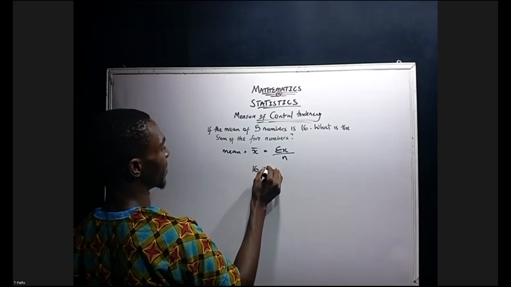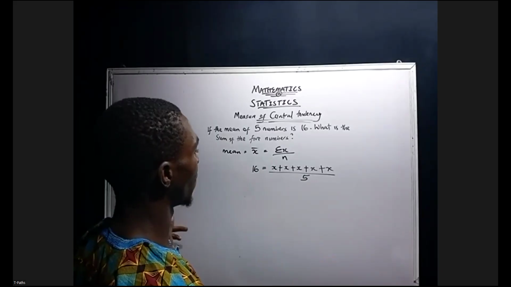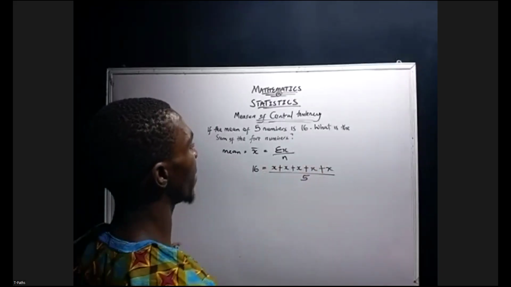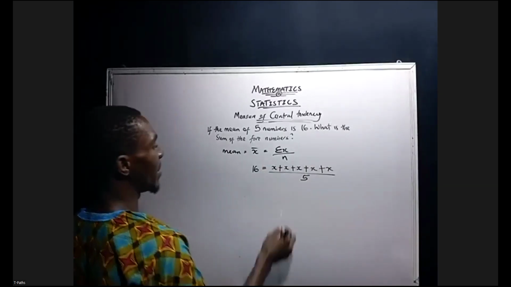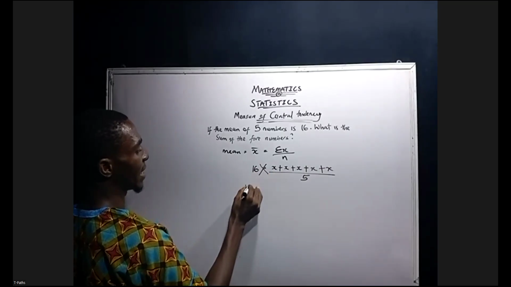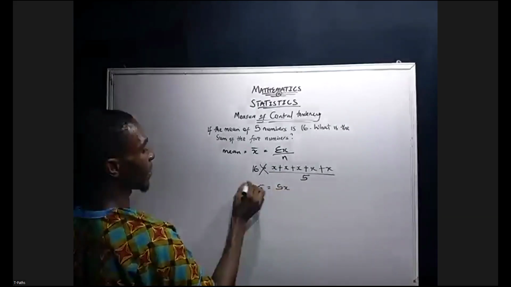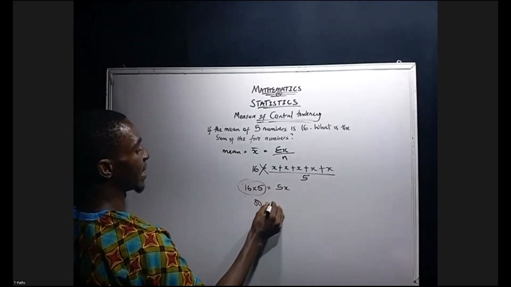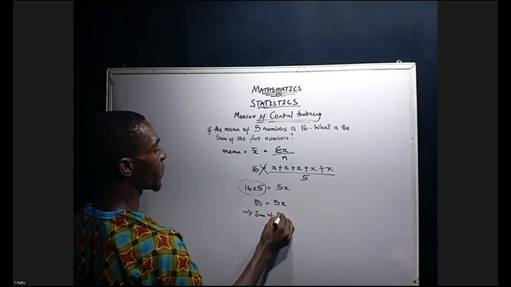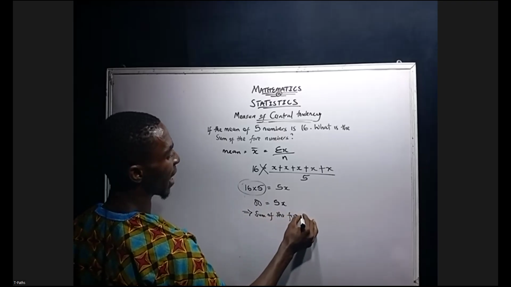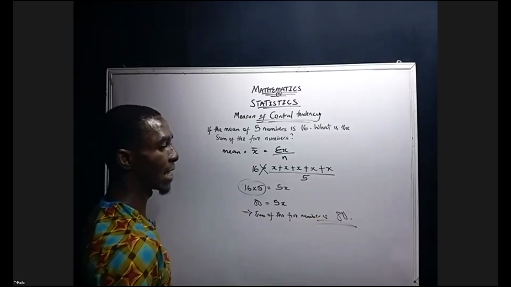It is x plus x plus x plus x plus x divided by 5. Let each and every number be x. Add all numbers together. When you cross multiply, 16 times 5 equals 5x. So you have 80 equals 5x. This implies the sum of the 5 numbers is 80. That is your answer.